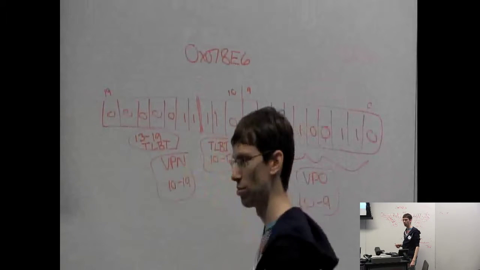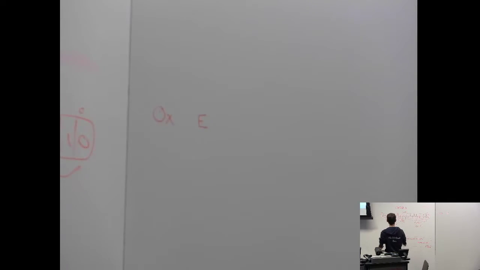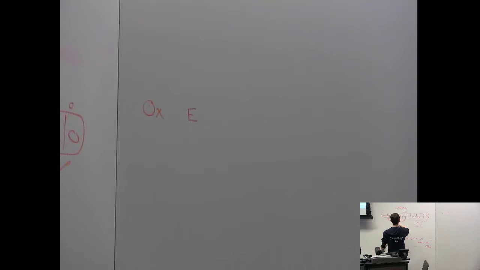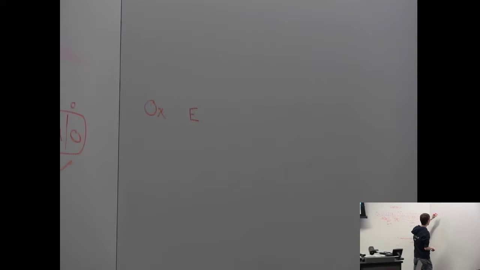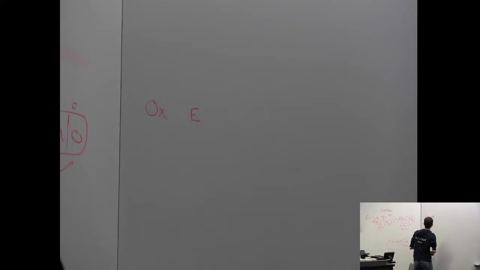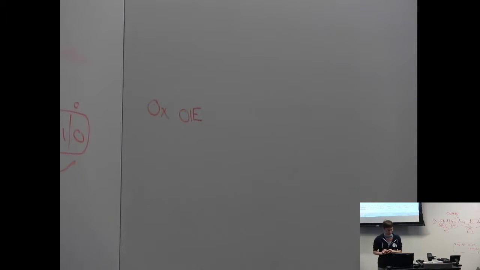You don't want to spend your whole exam figuring out binary to hex. This is something that you should be able to do relatively fast. Okay, so 1110, and then we've got 0001. That's just 1, and then zeros on top. So it looks like our virtual page number is 01E.